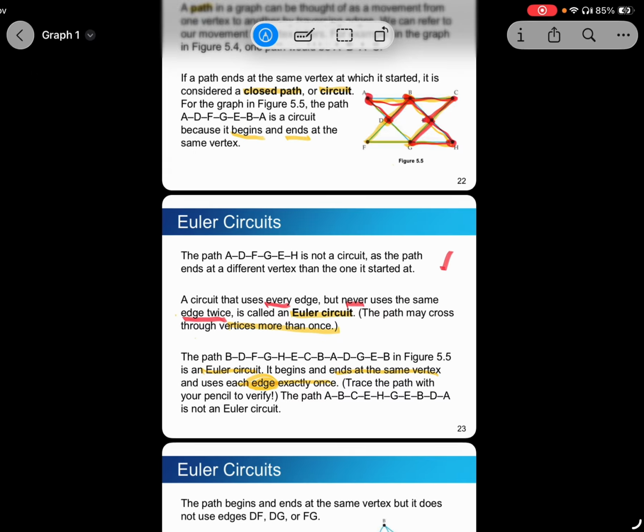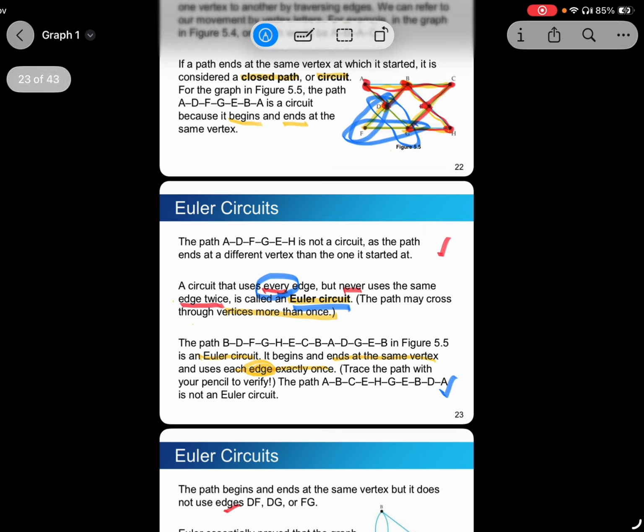It is because the path begins and ends at the same vertex, but it does not use edges DF, DG, and FG. It says here that every edge must be used, but never the same edge twice, for it to be called an Euler circuit. So this is not an Euler circuit.